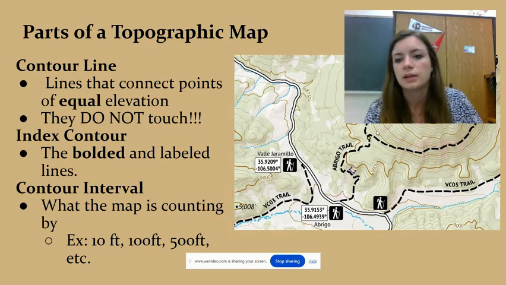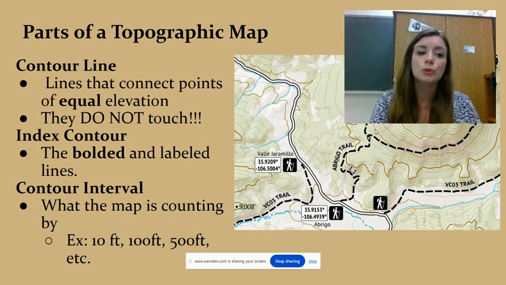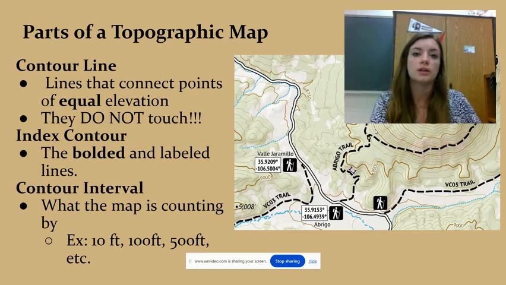You include the last one. So I'm going to guess, just because I've done this a lot, that I'm counting by 50. 9,000 and check, right? 9,000, 9,050, 9,100, 9,150, 9,200, 9,250. So I'm counting by 50s, and I used my index contours to figure that out.